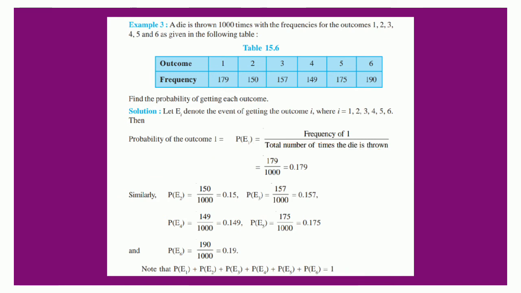Similarly, you will get P of E3 equal to 0.157, P of E4 equal to 0.149, P of E5 equal to 0.175 and P of E6 equal to 0.19, and also you will get total probability equal to 1.